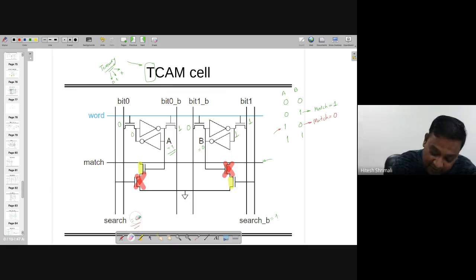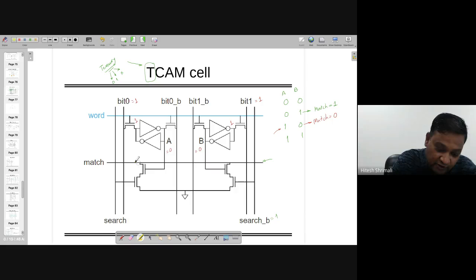But what is going to happen if A and B both are 0? If A and B both are 0, then look, the other side is going to be equal to 1. Again, this is 1. So bit 0 is also 1 and bit 1 is also 1.